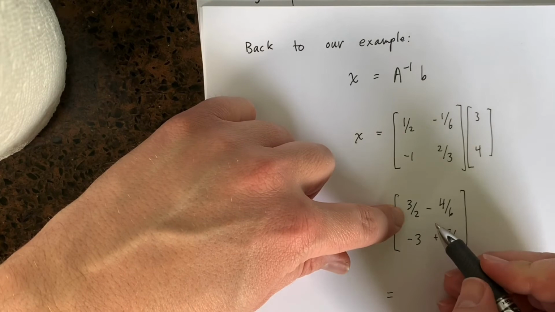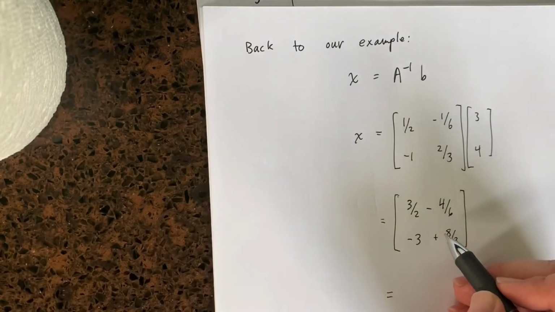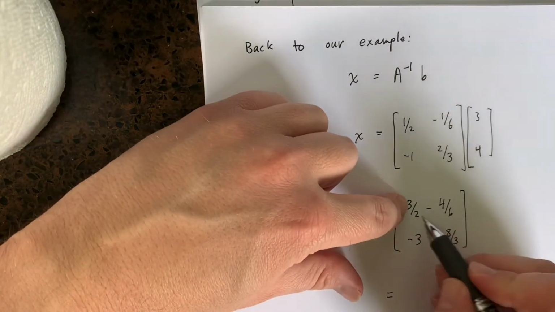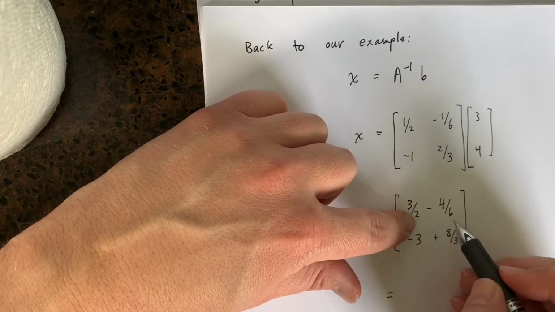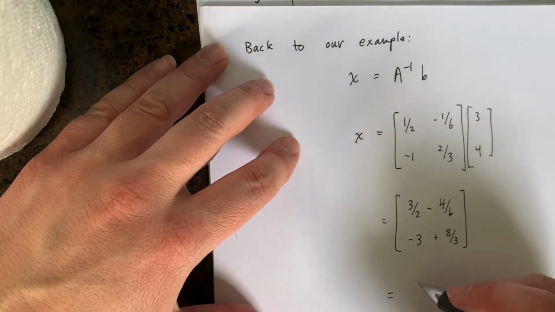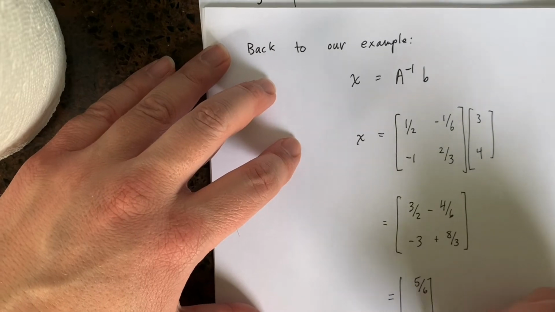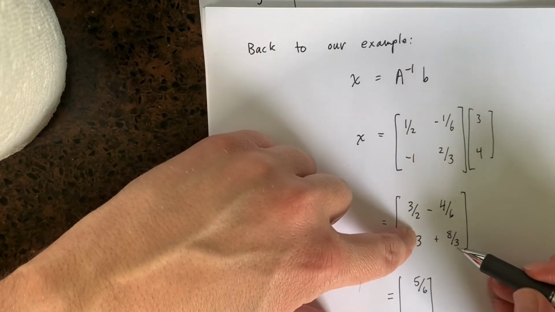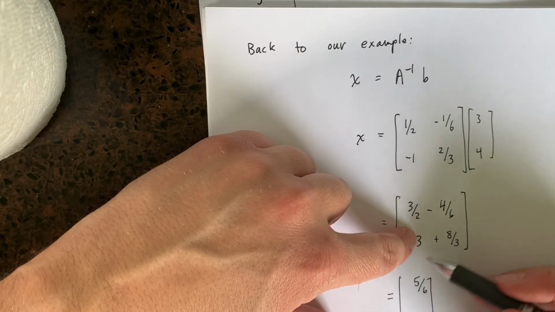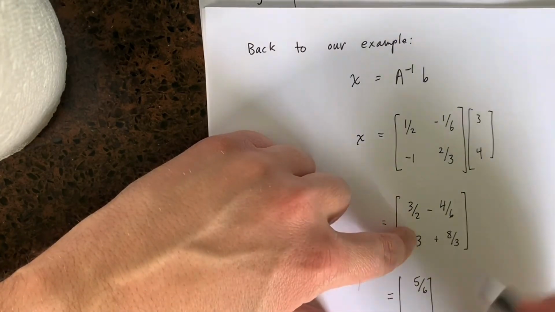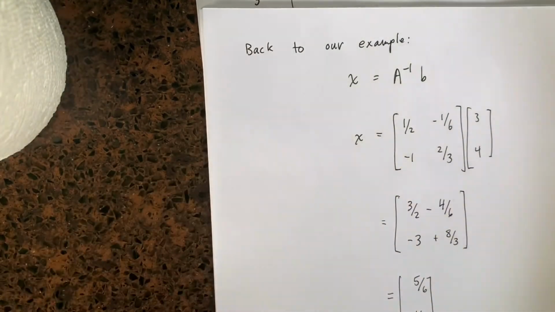So bang bang theorem, 18 plus 12 divided by 12, or 18 minus 8, which is 10, divided by 12. 10 divided by 12 is 5/6. Minus 3 times 3 is minus 9, plus 8 is minus 1/3. Is our answer.